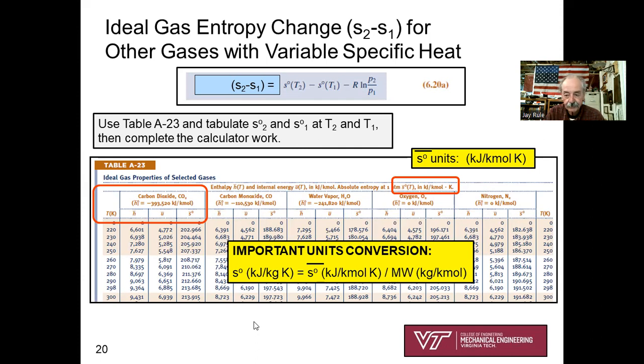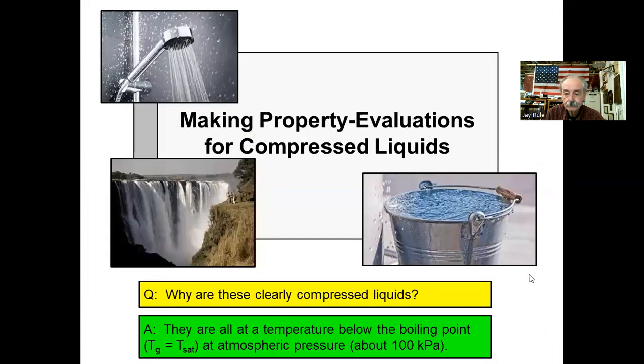But again, don't forget, let's look back up at this slide, to calculate S2 minus S1 for your substance, you've got the S0 terms minus R natural log P2 over P1. I hope that gives you some tips on how to do well and perform well for Chapter 6 problems.